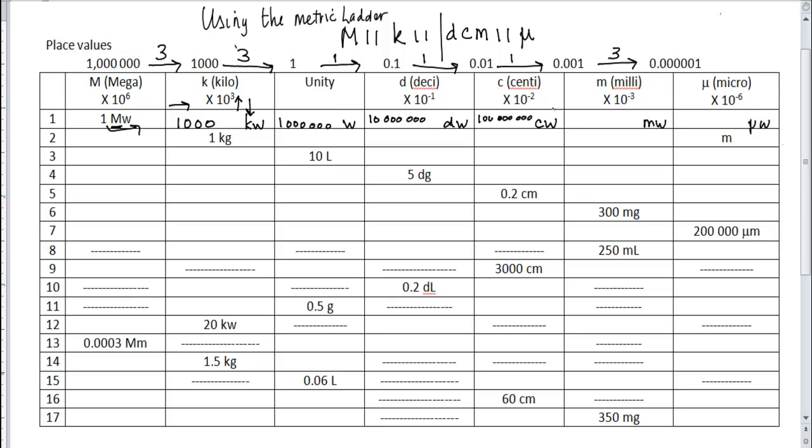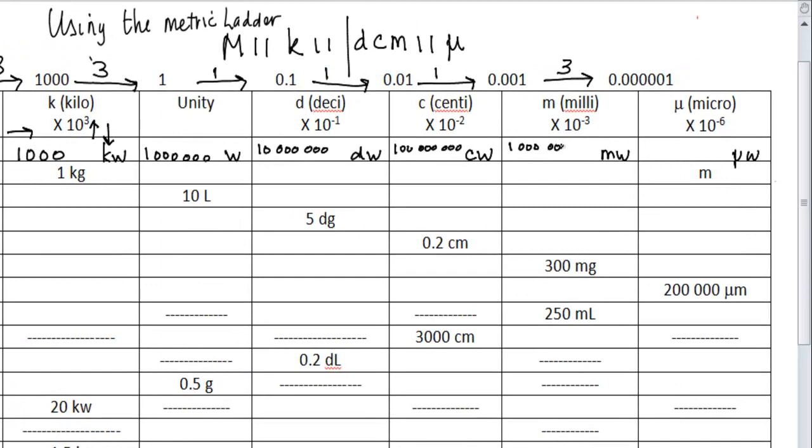Now I'll have 100 million, and now I will have actually 1 billion milliwatts, and I guess this will end up being a trillion, because this is 1,000, 1,000,000, 1 billion, 1 trillion microwatts. So again, as the prefix gets smaller, the number associated with it will get bigger.